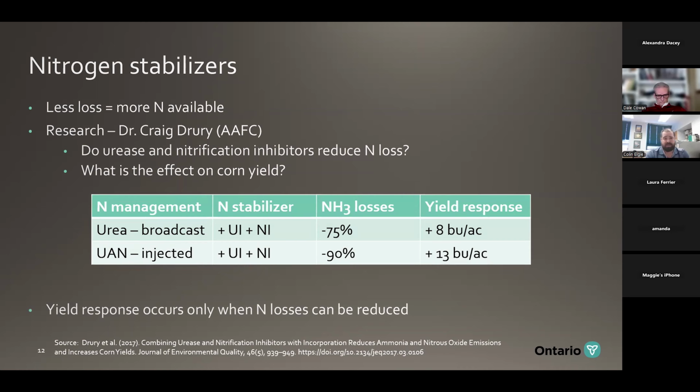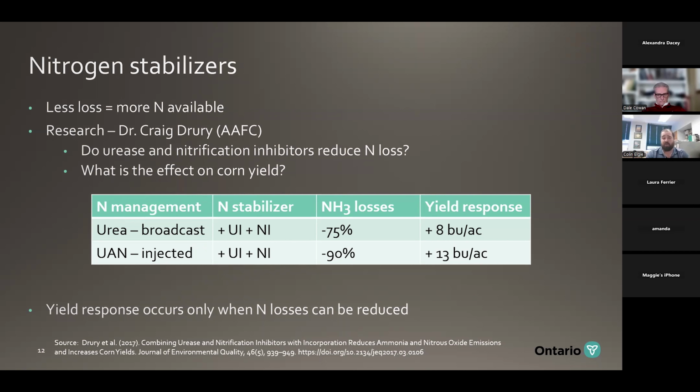What they found out from a multi-year study in Harrow, Woodslee in Essex County, is they had two different scenarios, one where they broadcasted urea on the soil surface, and one where they injected liquid UAN fertilizer in the row. They had both an untreated, so just the fertilizer by itself, and also a treated with urease inhibitor and a nitrification inhibitor, so a dual inhibitor essentially.